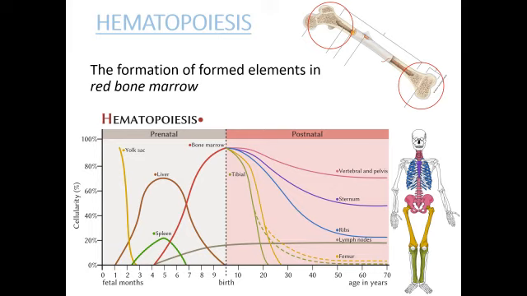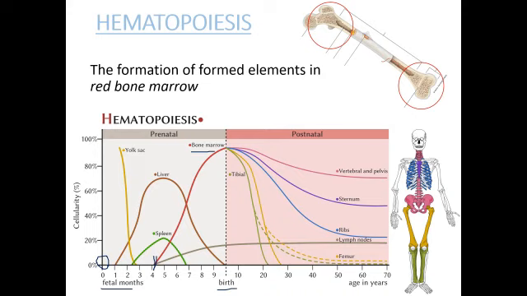However, if we look at this graph at the bottom, we can see that the location of most of hematopoiesis is going to change over the course of your development and over the course of your life. And so I first want to point out what's going on when you are a fetus. All right, so here's conception, here's 0, and of course birth over here. Now, as we can see, the bone marrow is not the location of hematopoiesis until after the 4th month, and perhaps this makes sense.